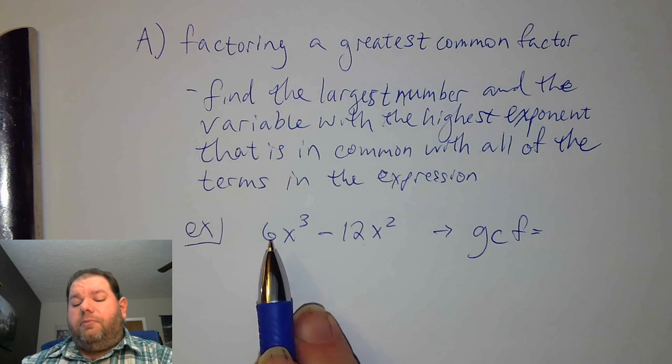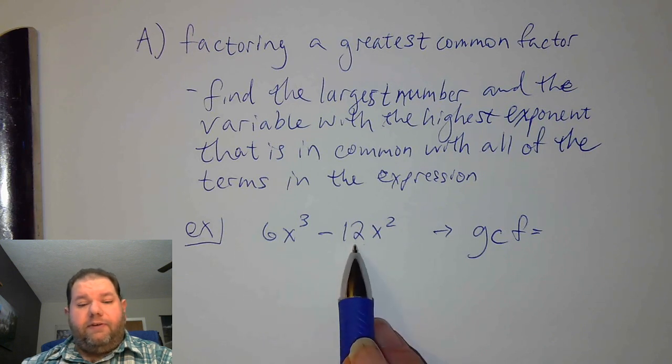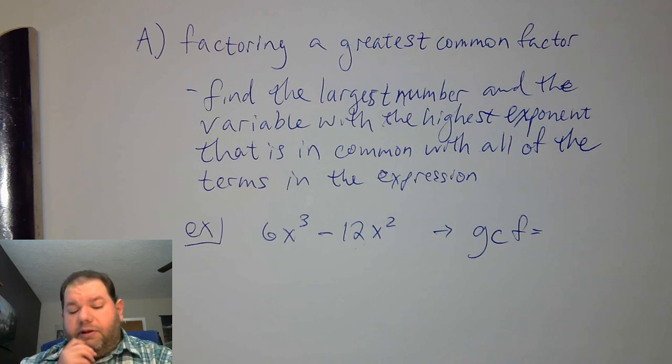This is the largest number that goes into both numbers. 6 goes into 6 one time, and 6 goes into 12 twice. The least common multiple, or lowest common multiple, would be 12 in this case, because both numbers are factors of 12. But we want to make sure we're choosing the right one between 6 and 12, basically.